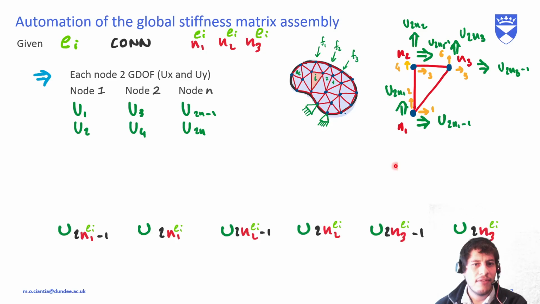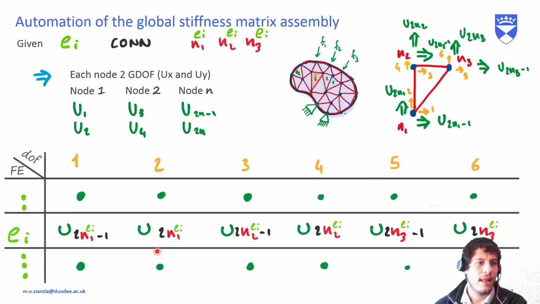Therefore, we can identify the global degrees of freedom as U2N1 minus 1, U2N1, U2N2 minus 1, U2N2, U2N3 minus 1, U2N3. So given that, then we can set our connectivity table.